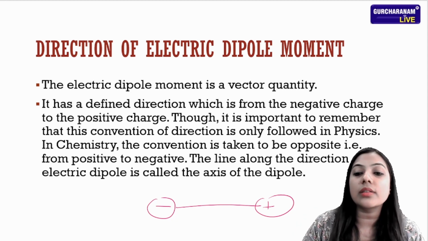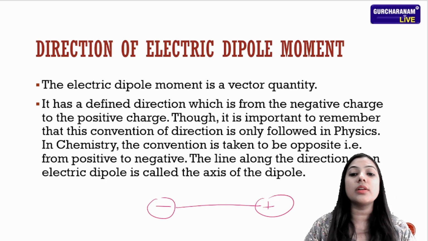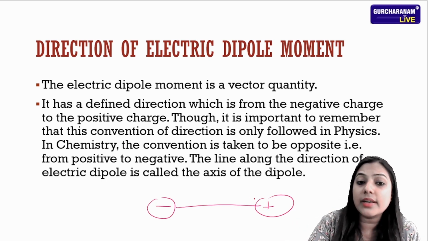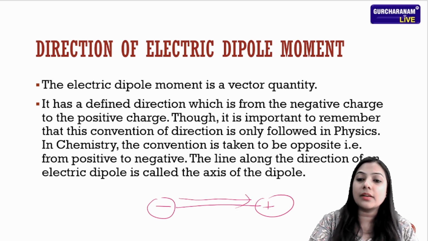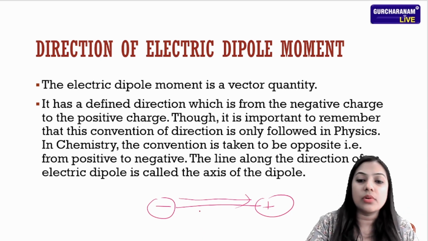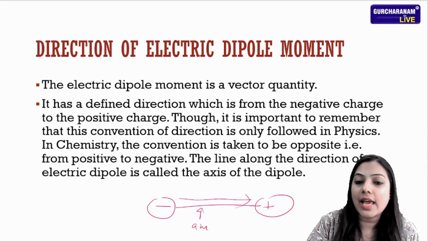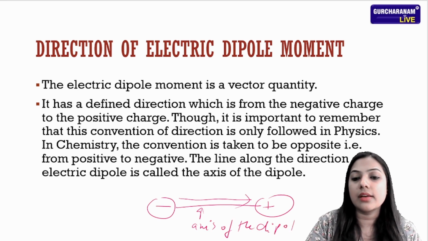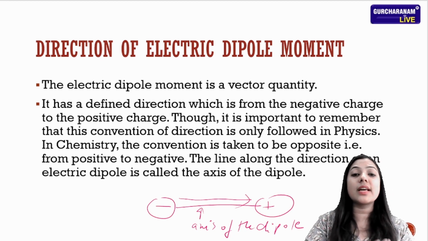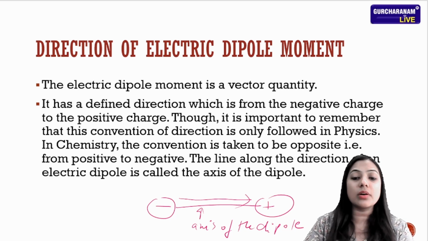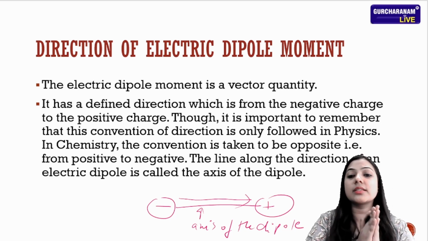The line along the direction of an electric dipole is called the axis of the dipole. I hope you understand all the terms related to electric dipole: the direction, and that it is a vector quantity.